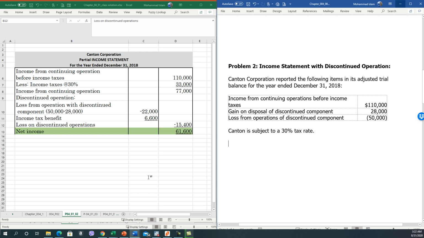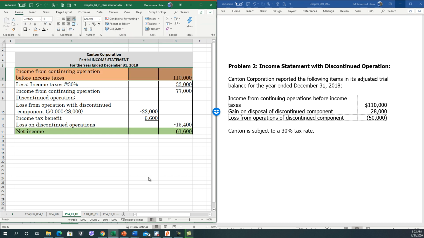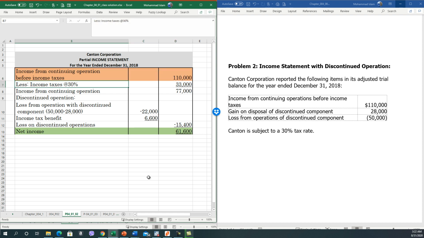So what we need to do is prepare the partial income statement, and let's see how we do that.